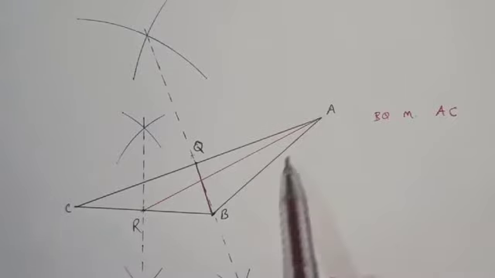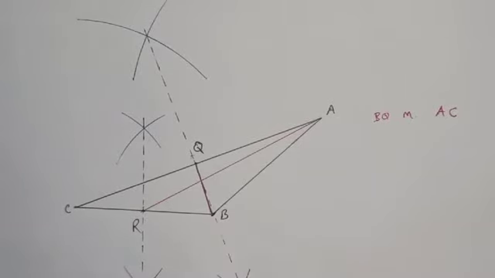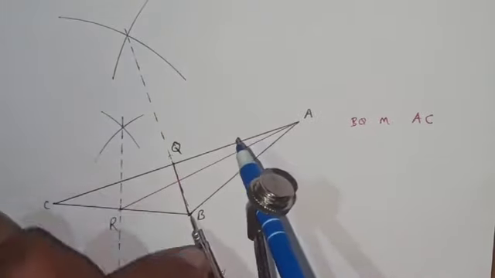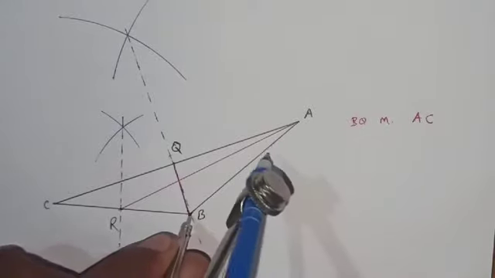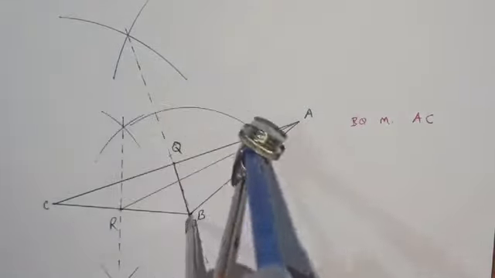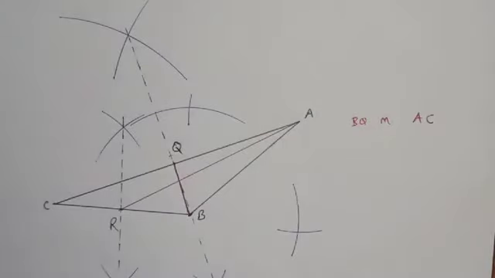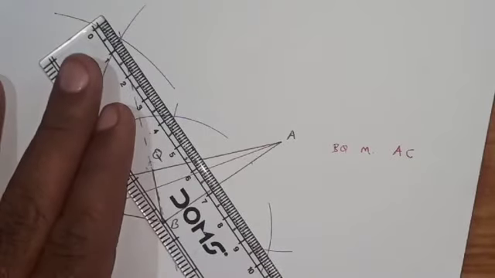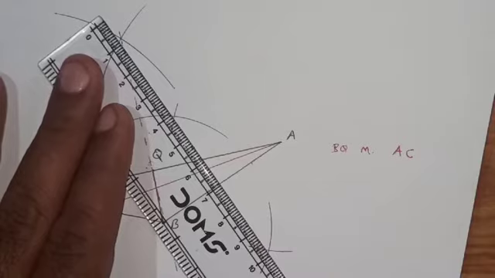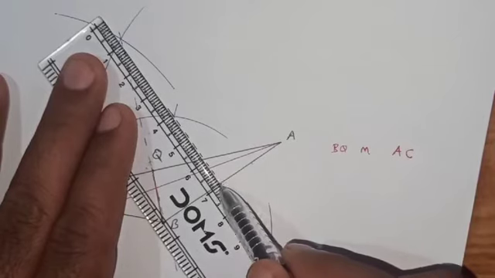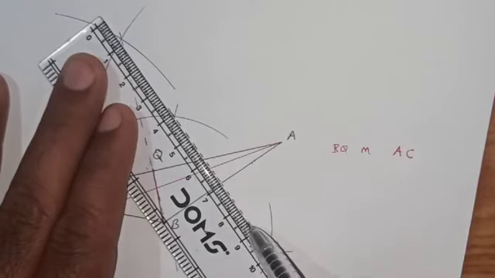And now from point C we have to draw the median on side AB, so we have to take the midpoint of AB. So again with the help of this compass, more than half, again on point A. I am using a pen because you must see the video clearly.